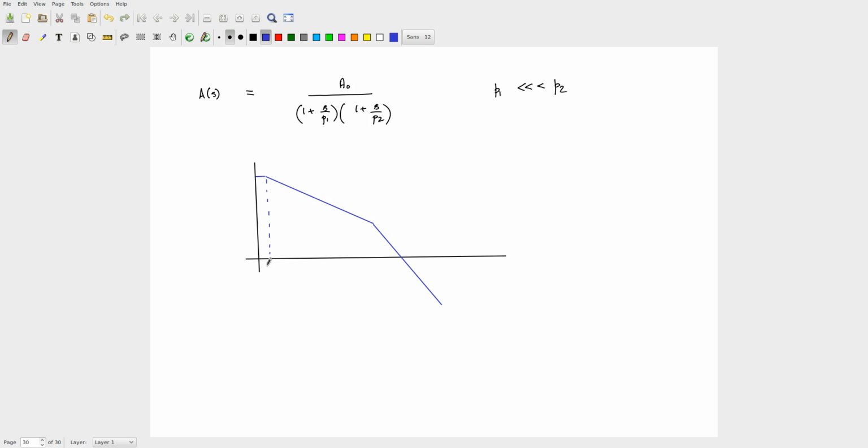Let me call that omega P1, and this would be omega P2, correct? Right, I am wrong. Should not be like this. How will it be? That was what I wanted to show actually. It crosses like that, and then you have your P2, right. So, this is your omega P2.